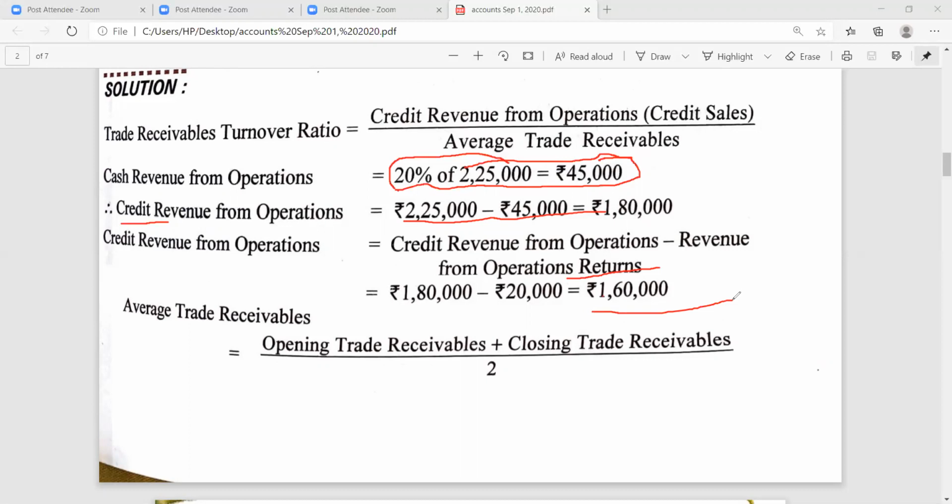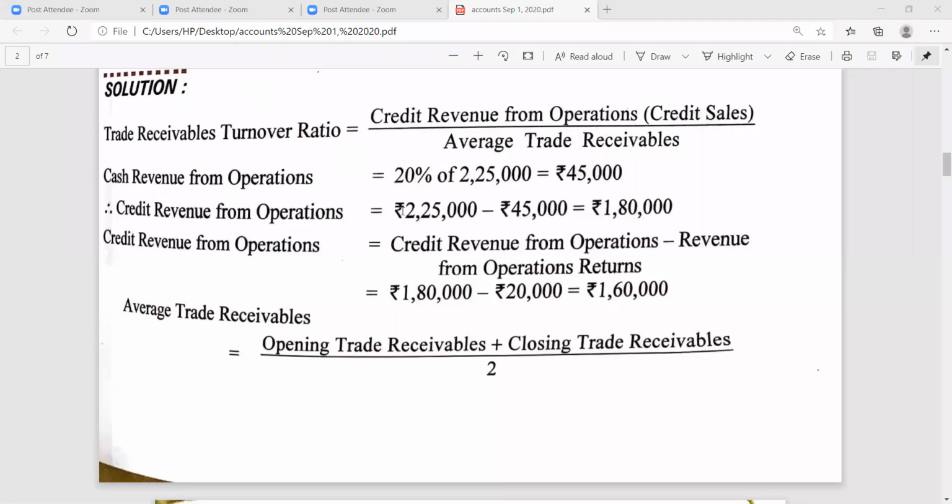And if you have to calculate the average trade receivable, it will be opening trade receivable plus closing divided by 2. In this way, we have to do the calculation that is given according to the statement.